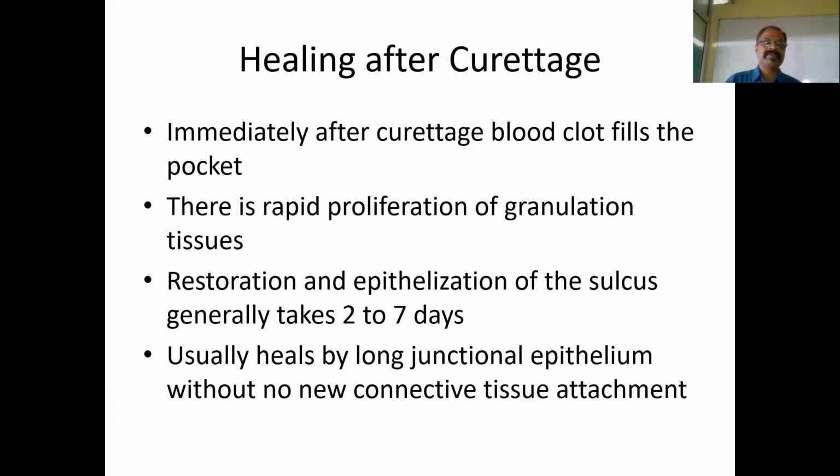Repair and epithelialization of the entire sulcus usually takes between 2 to 7 days. Remember one thing, curettage does not allow for a new connective tissue attachment. So it heals basically by a long junctional epithelium. Again, if the patient does not maintain his oral hygiene, this long junctional epithelium is very conducive to getting reinfected.